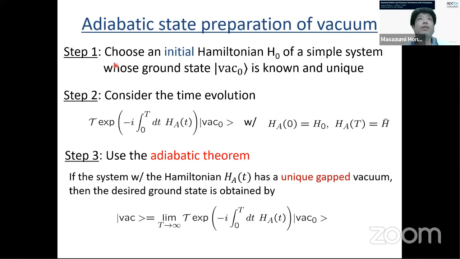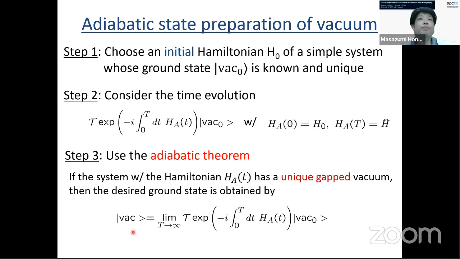In this algorithm, we first start with the initial Hamiltonian, which goes to the target Hamiltonian at final time. Then the adiabatic theorem claims that if the system with Hamiltonian H_AT has a unique gap to the vacuum, then the desired ground state is given by this time evolution.